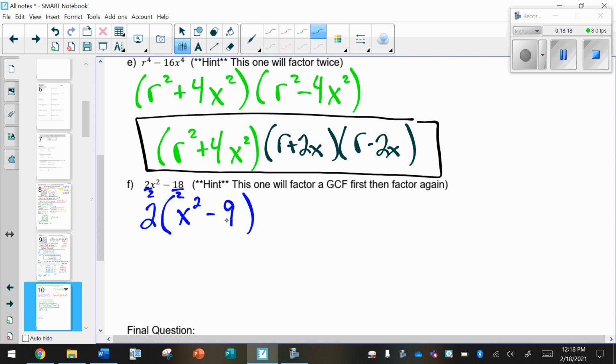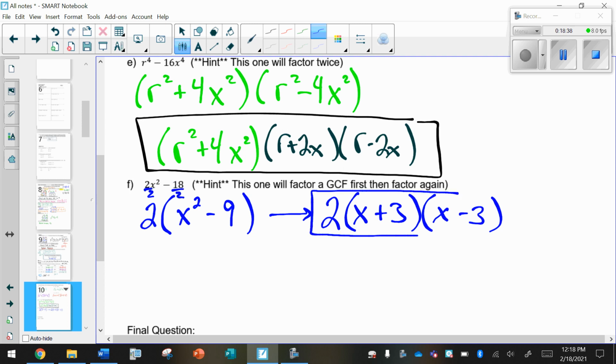That is the difference between two perfect squares. That's the DPS. So this can factor again, keeping the 2 from the GCF. The x squared minus 9 can be factored into x and x, and then the negative 9 comes from a positive 3 times a negative 3. That is your final factored form, including the 2.